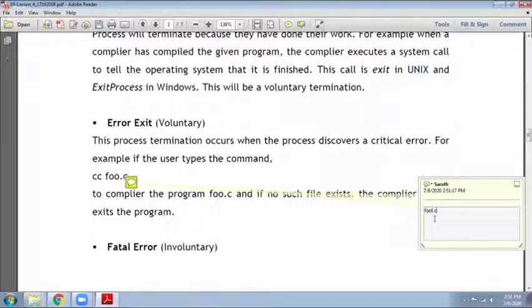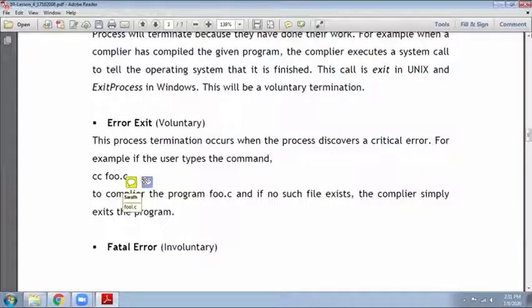Let's say your file is actually full.c, but you made a mistake when typing the name.